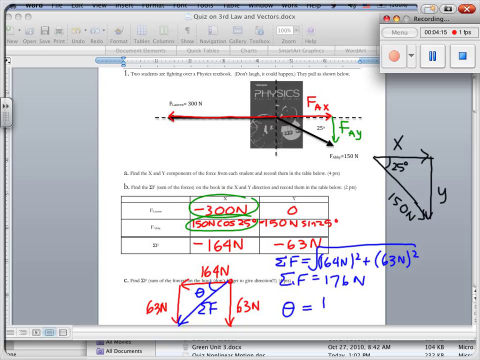And so that angle will be equal to the inverse tangent of the opposite leg, 63 newtons, over the adjacent leg, 164. And theta equals 21 degrees, and that is south of west. So the final answer would have been 176 newtons at 21 degrees south of west.